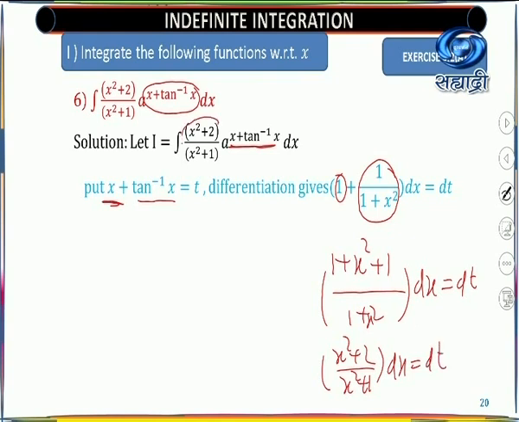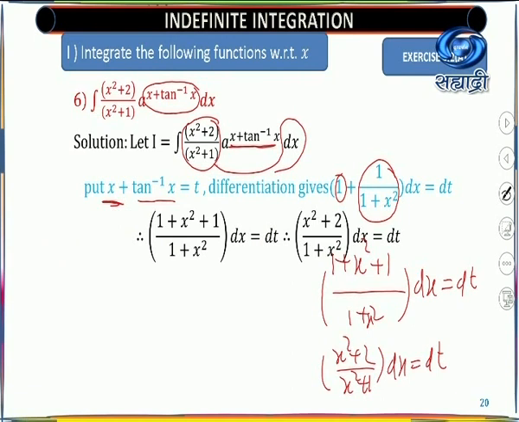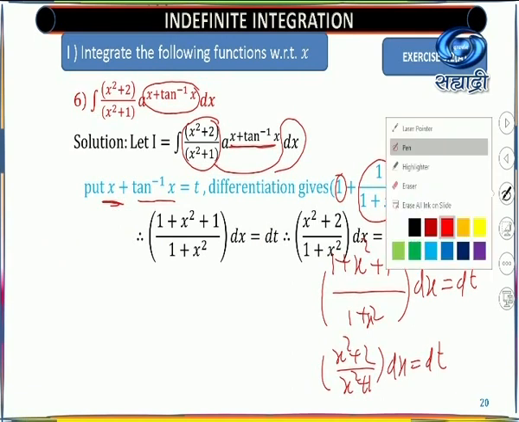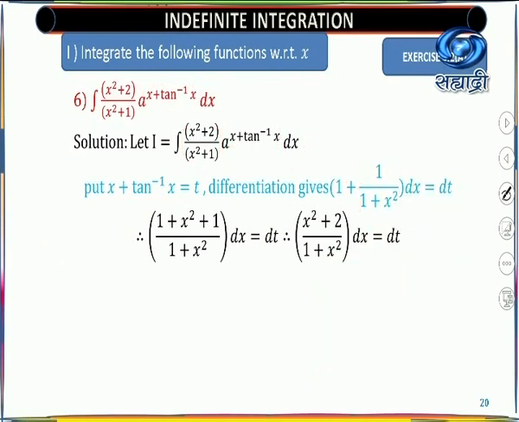You are having this function, okay, (x square plus 2) upon (x square plus 1) along with dx. So this function gets simplified, and this simplification says that this is equal to 1 plus x square. This just now I have discussed about the simplification. That is, you have to take the LCM. You will get (x square plus 2) upon (1 plus x square) dx equal to dt.